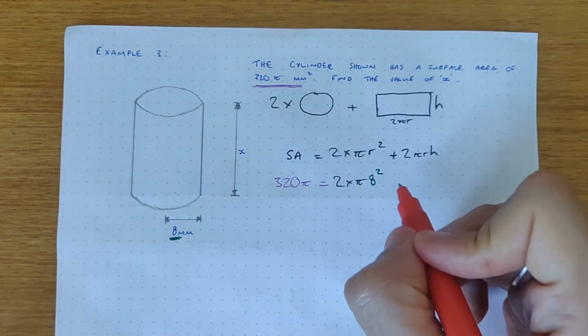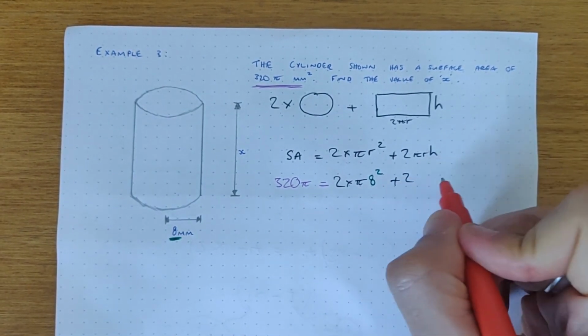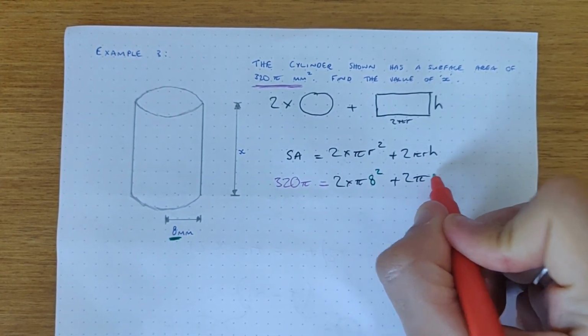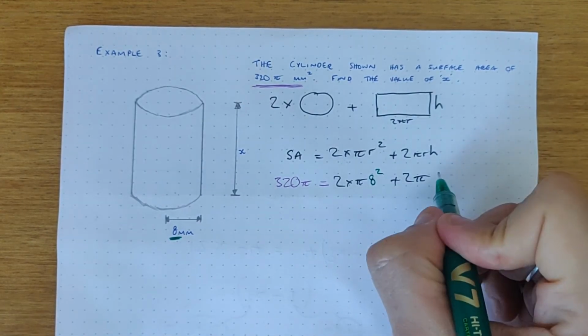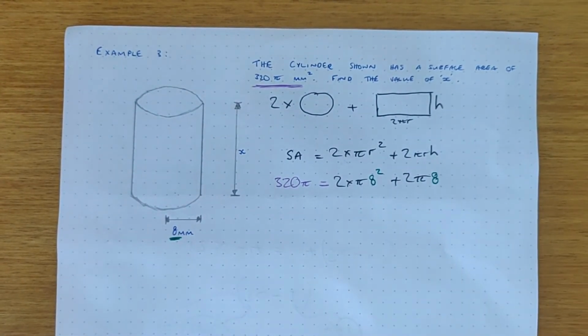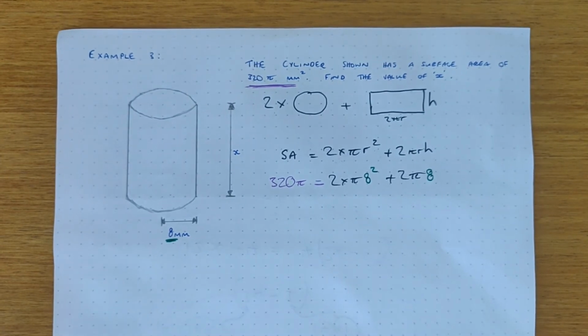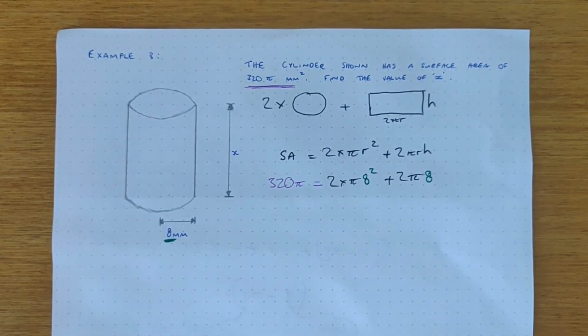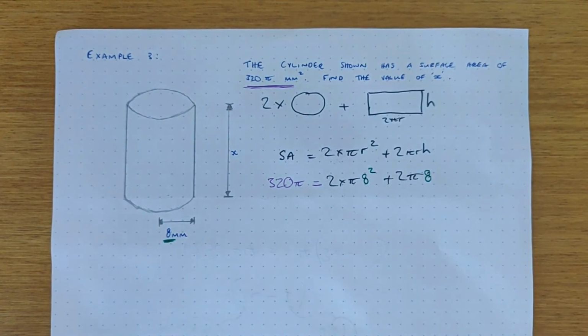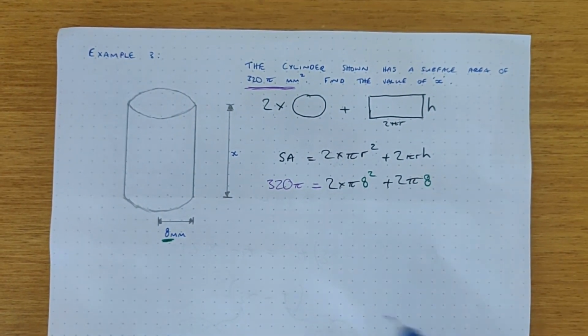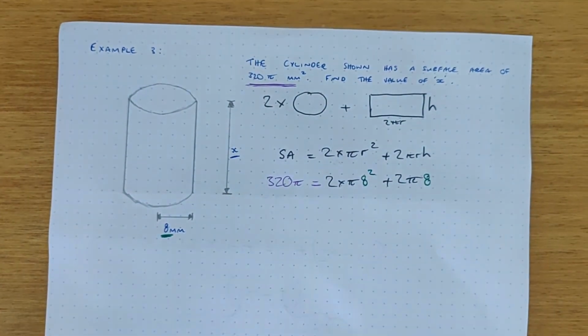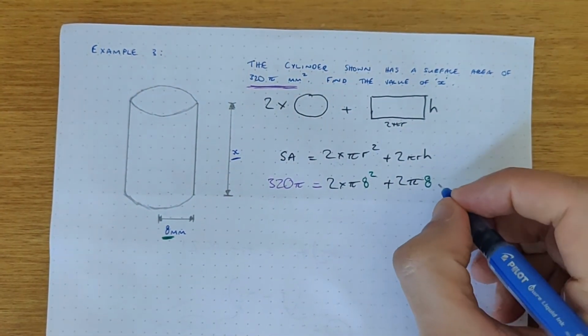And then I'm adding to that 2 pi, here's our 8 again for the radius, and then I'm multiplying that by our x, which is the height.